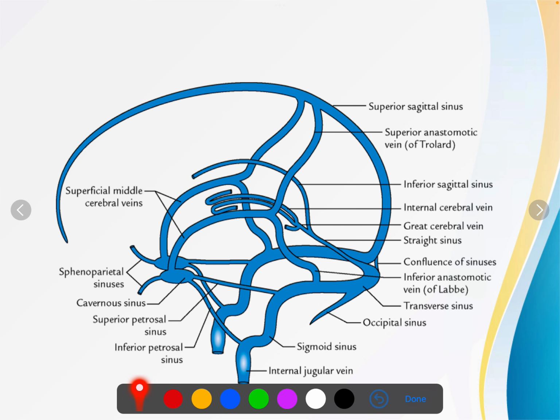The next one, the classification of the dural venous sinus. The classification of the dural venous sinus is divided into two: paired and unpaired.